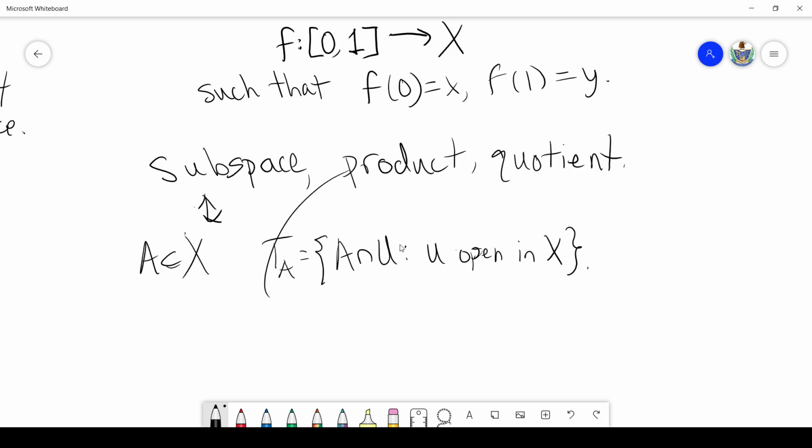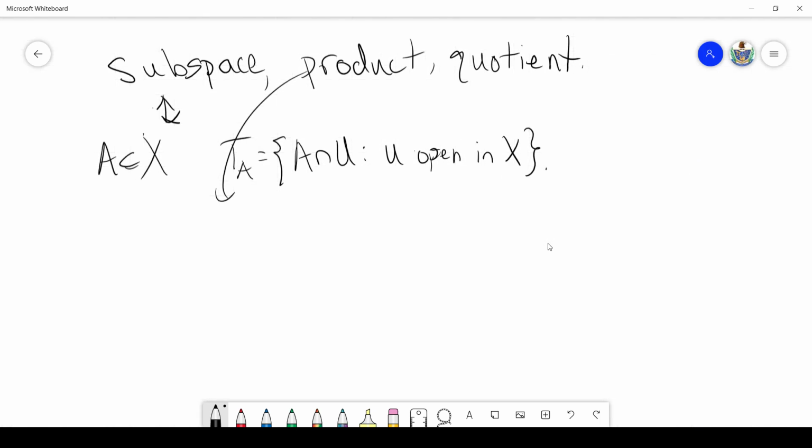And similarly, the product topology is also easy. And I guess I'll just go over these three. If you know what these are, then you could just close the video out now. The product topology is a topology on the Cartesian product X times Y. This is the set of points (x, y), where x is from X and y is from Y. So this can be topologized.